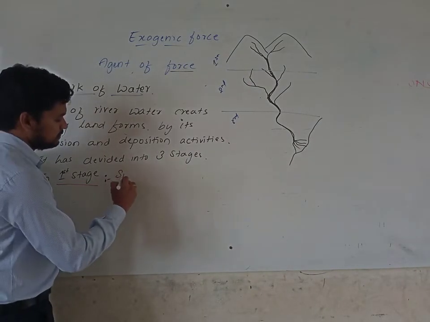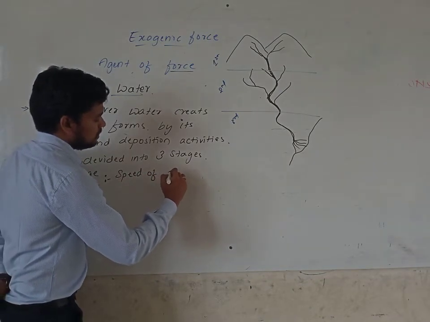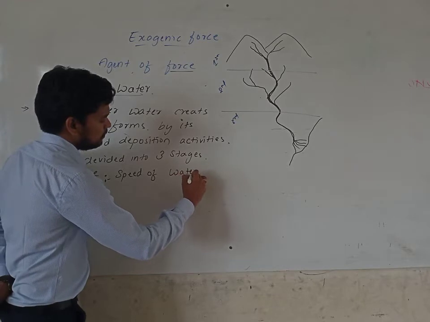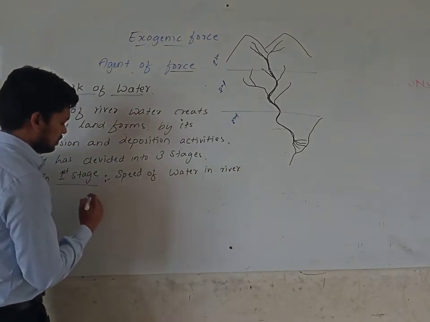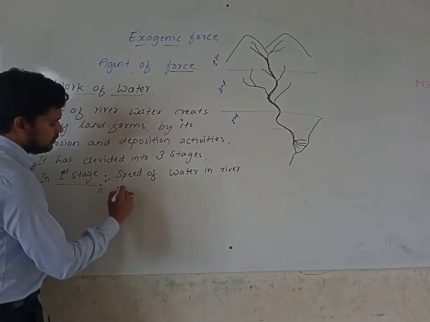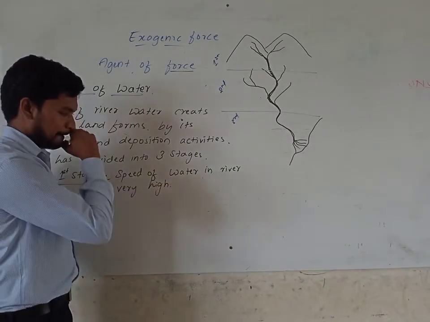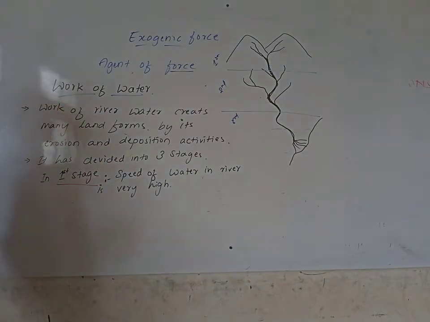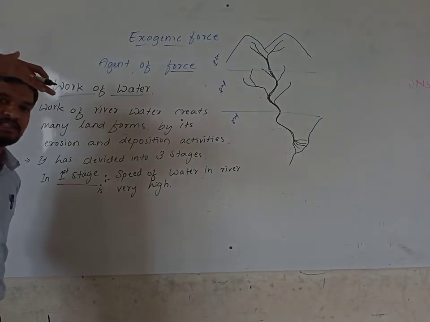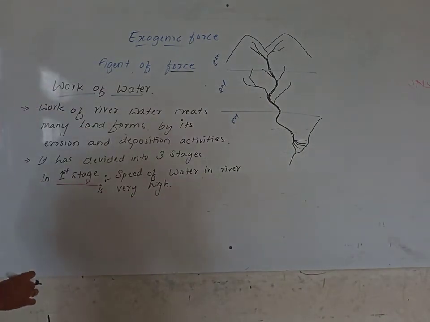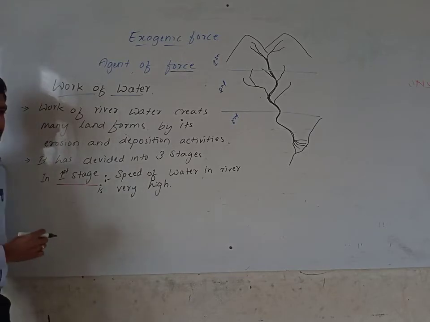The speed of water in the river is very high. Here the speed of water in the river is very high because it's having a steep slope.